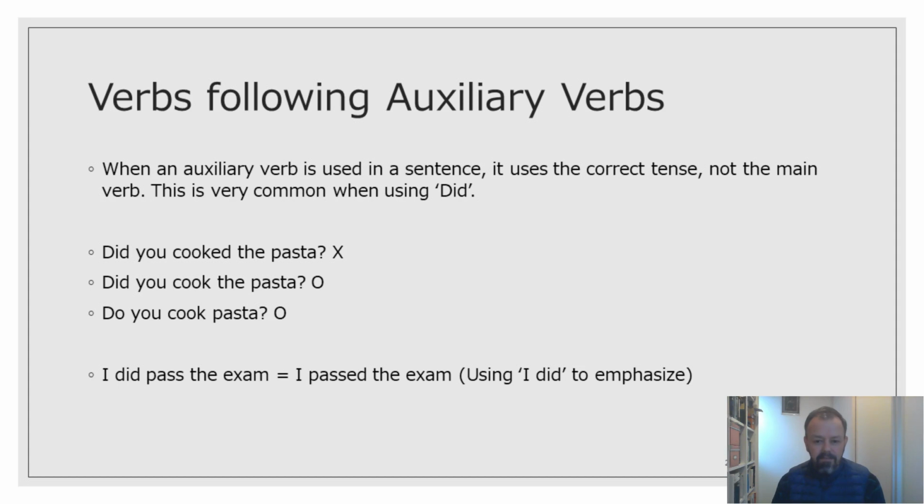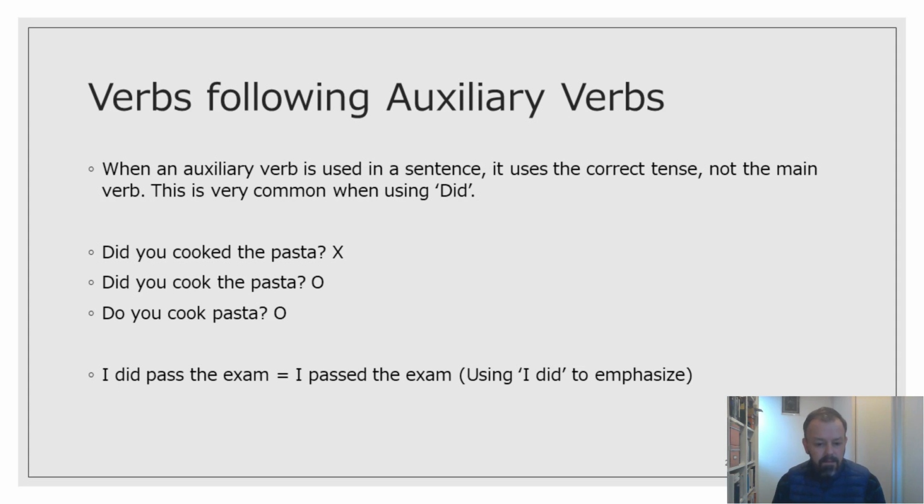But this is something that many people don't quite understand. The main verb seems to be the action of the sentence, so surely it should be in the past tense if you're talking about the past. But no, it's not. So did you cook the pasta? No. It's did you cook the pasta?